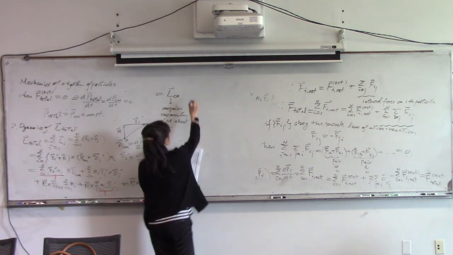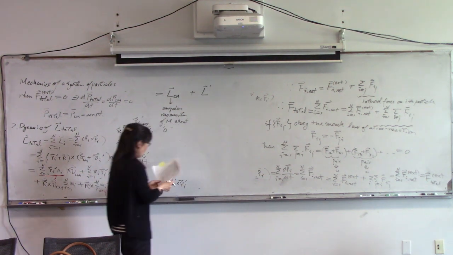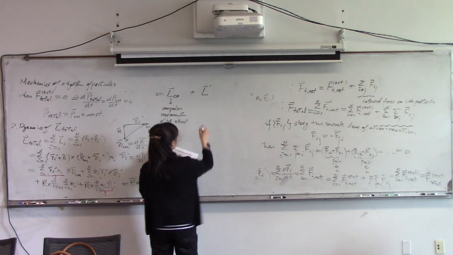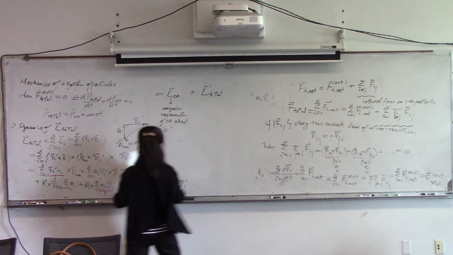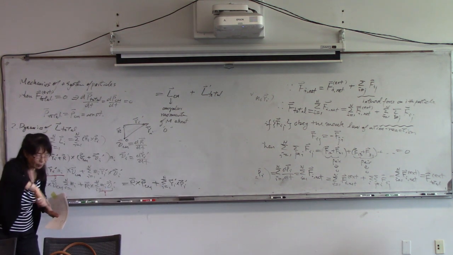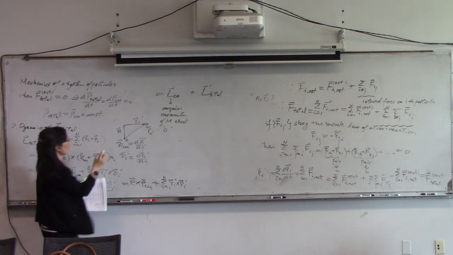For the second one, I'm going to use L prime. L prime here is the sum, so that is the total. Each individual term is the relative angular momentum of each particle rotating about where? About here, right?